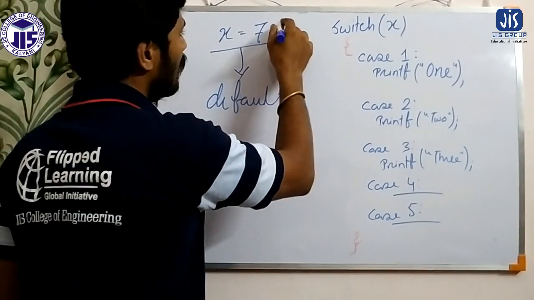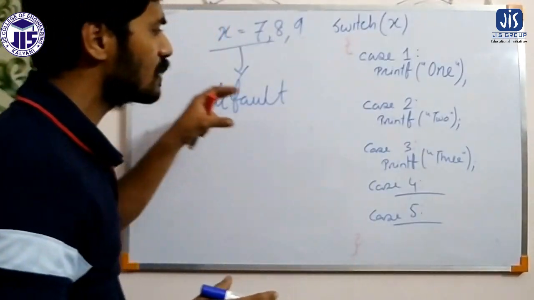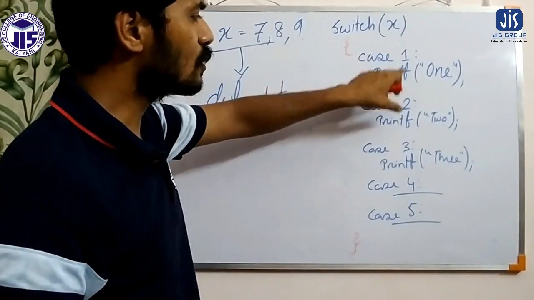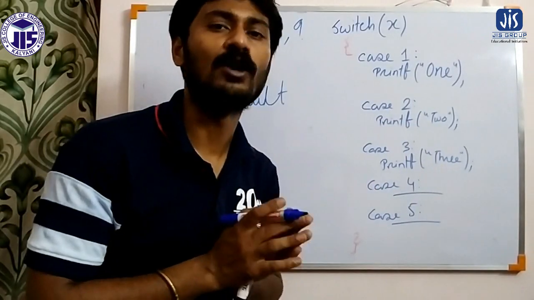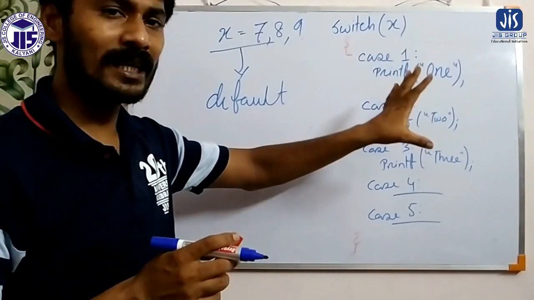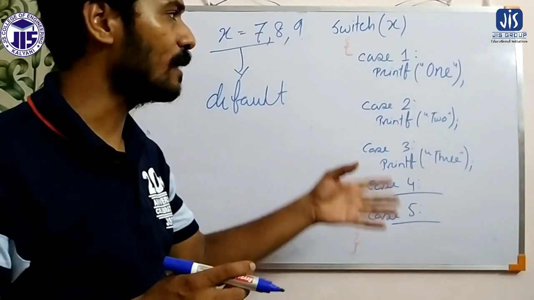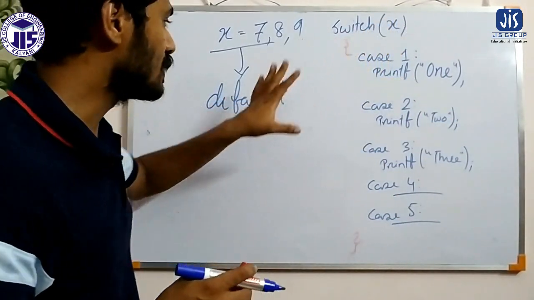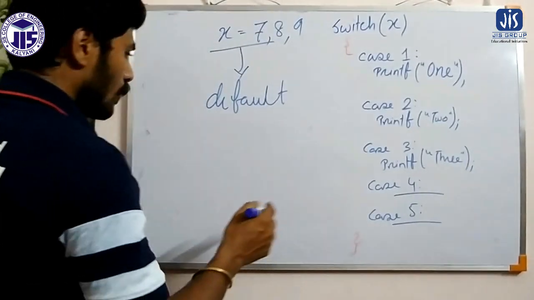So if I give 7, 8, 9, any value of x variable which is not available in the cases will be considered as default case. Okay. So for 1, 2, 3, 4, 5 it will execute, and for any other value except 1, 2, 3, 4, 5 in x variable will be considered as default case. So we can write case default at the end.